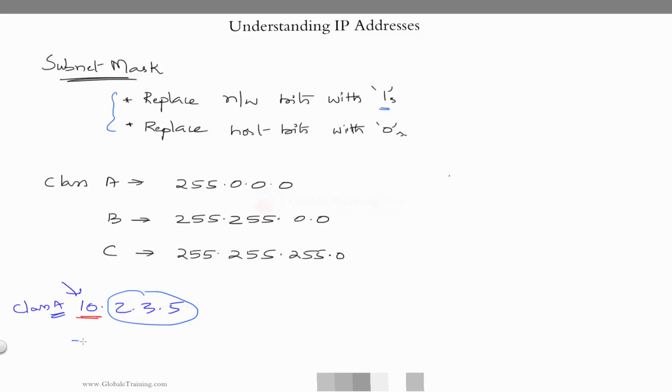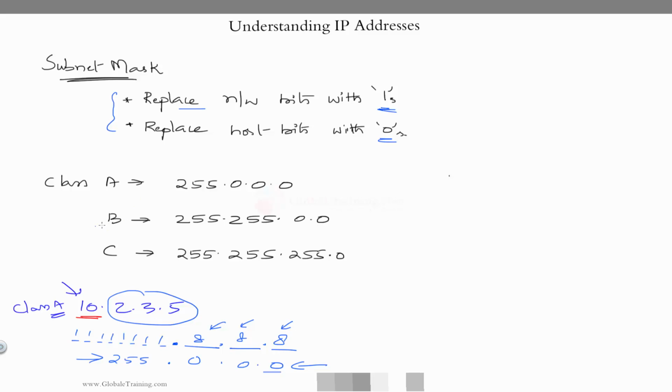So there are 1, 2, 3, 4, 5, 6, 7, 8 bits, then 8 bits here, 8 bits here, 8 bits here. All the network portion should be 1, so we're going to put all ones here. When you put all ones, the total value in decimal is 255, and all zeros in the host portion. If you put all zeros in these locations, it will be 0.0.0. So that's the subnet mask for class A.